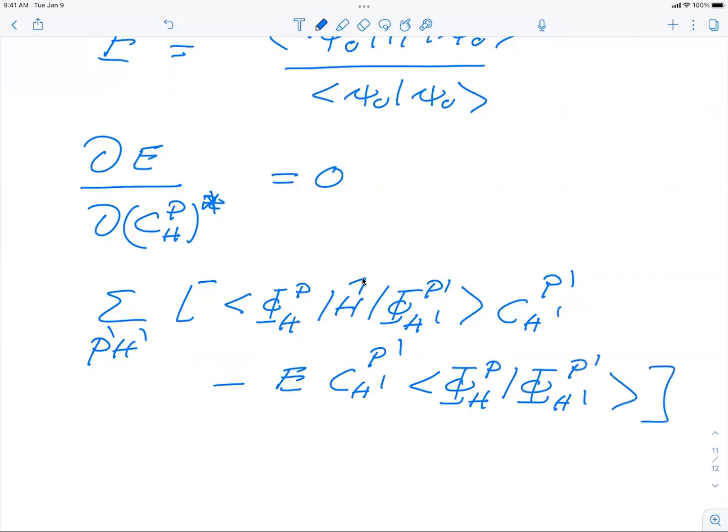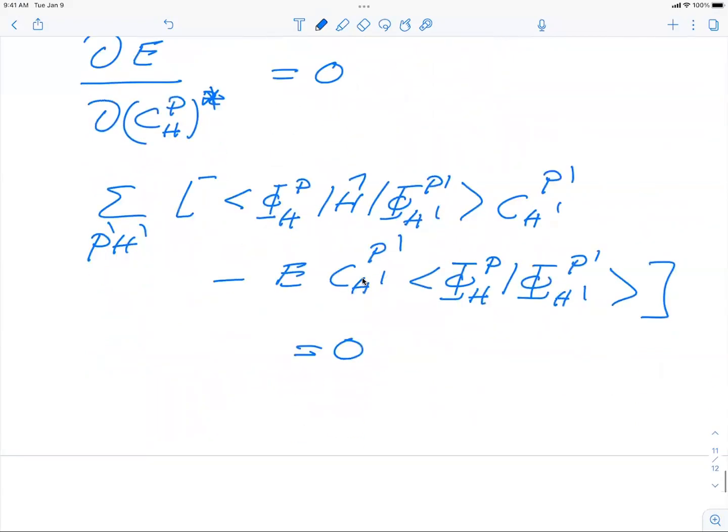And then this is divided by a constant, which is just the normalization factor squared.